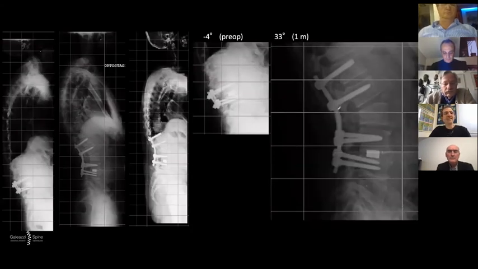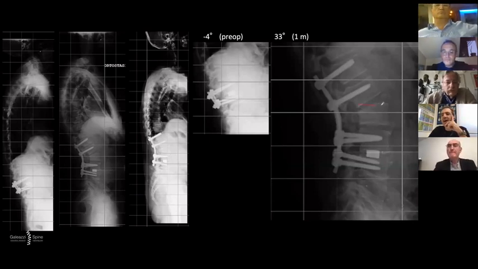But interestingly, years ago, while I was reviewing some cases in our department, I stepped into this case. This is a very interesting case because this gentleman had a very tiny resection.